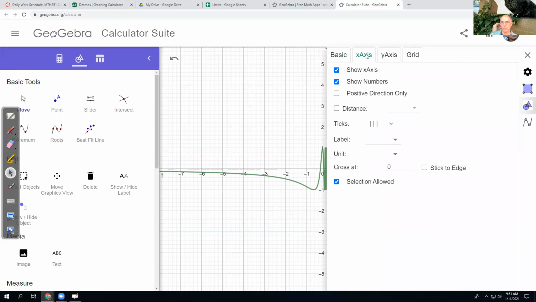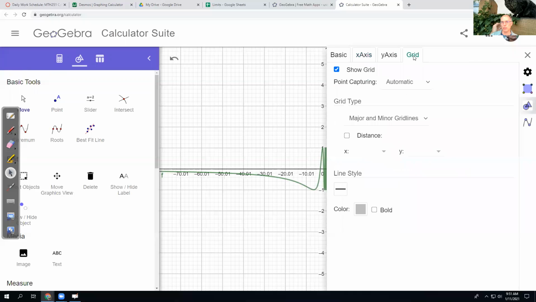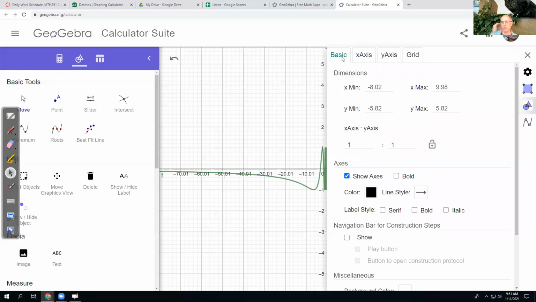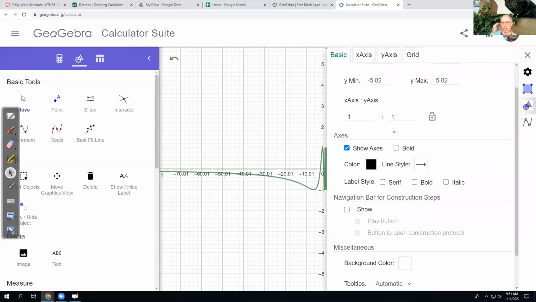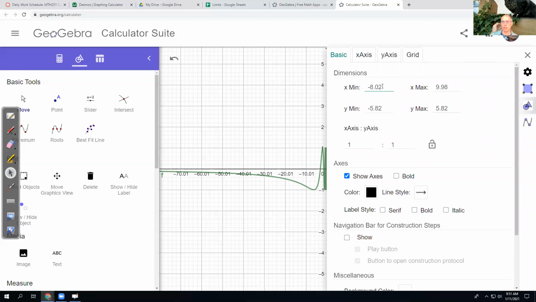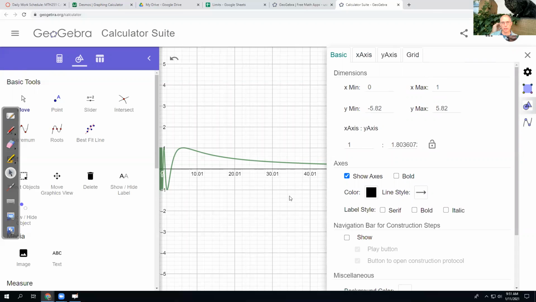Settings, x-axis. I used to be able to click on the axis and drag it, but they've changed the behavior. So let's go from 0 to 1.